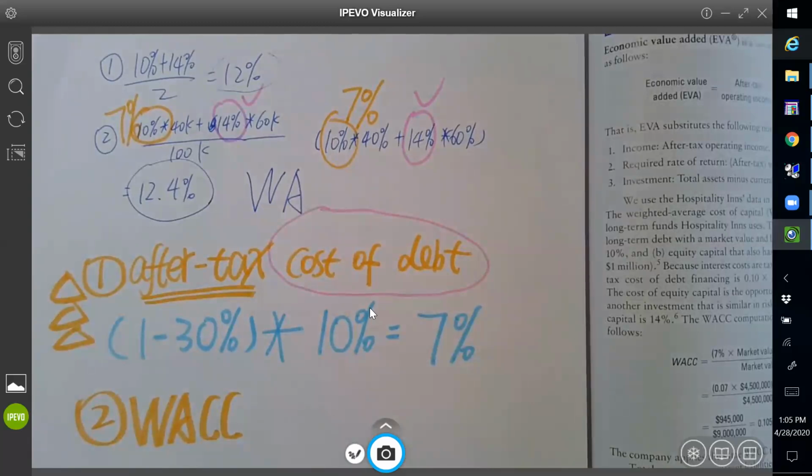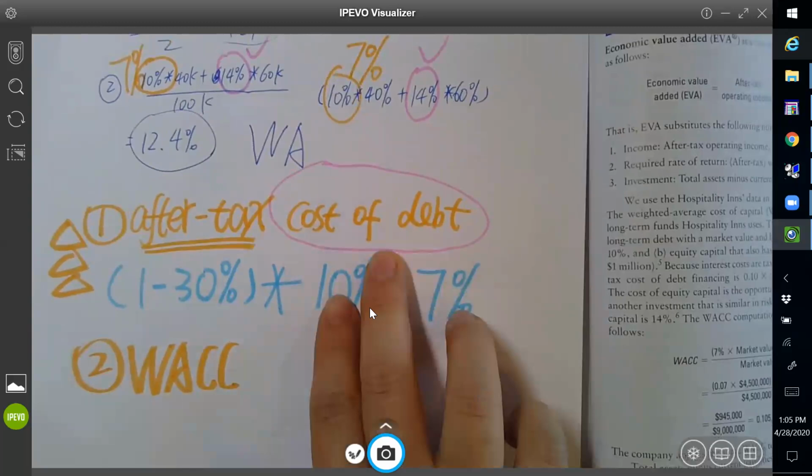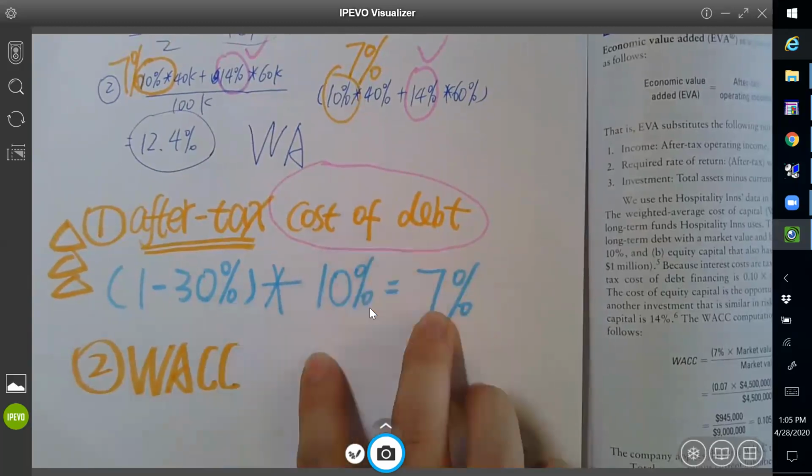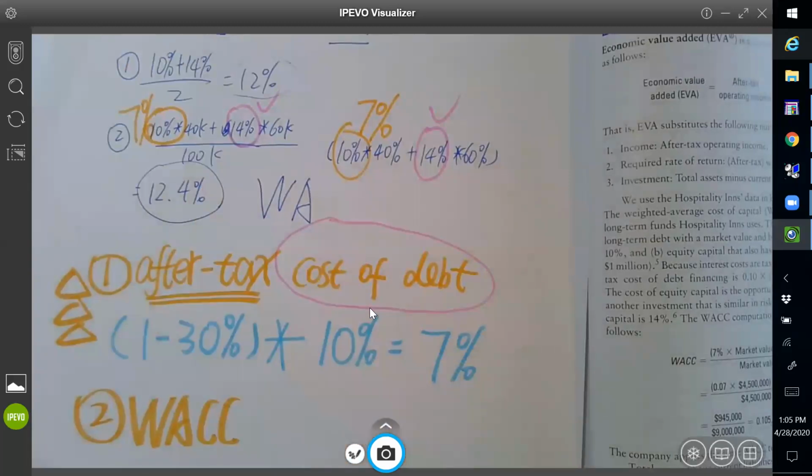Cost of equity, you do not need to worry. So our first step is to get the after-tax cost of debt. Our second step is to use the after-tax cost of debt to do the weighted average cost of capital.